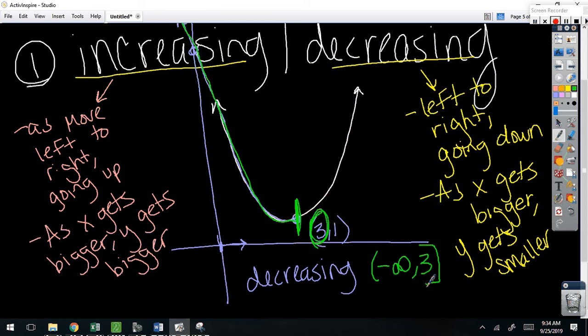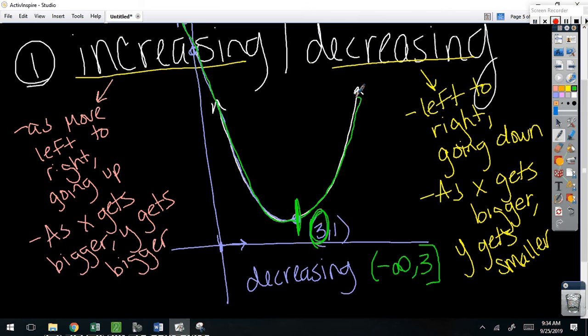We're going to describe the decreasing and the increasing intervals. So now look at the increasing part. Let's go from that point on. Can you see that the function is going up, up, up? The further I move right, it's still moving up.